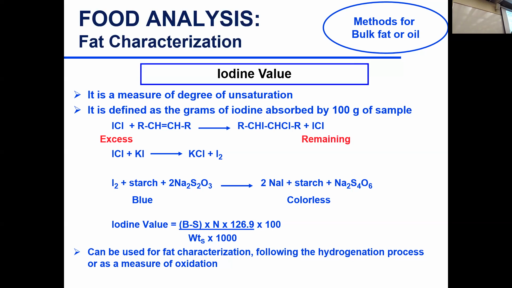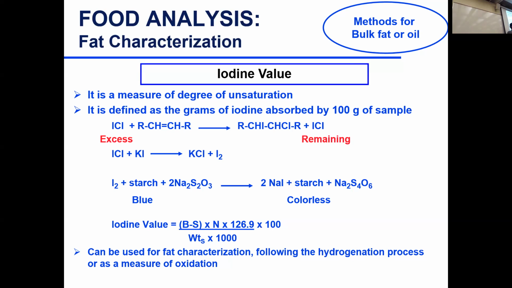So the more double bonds you have, the less iodine chloride is going to remain, because we start with an excess amount of iodine chloride. The more unsaturation, the less iodine chloride I'm going to have. So you want to remember that.